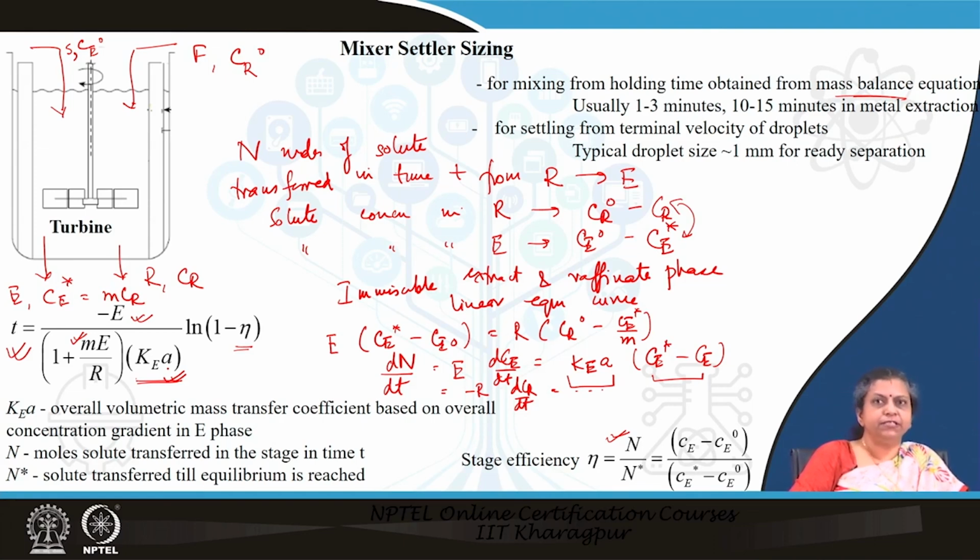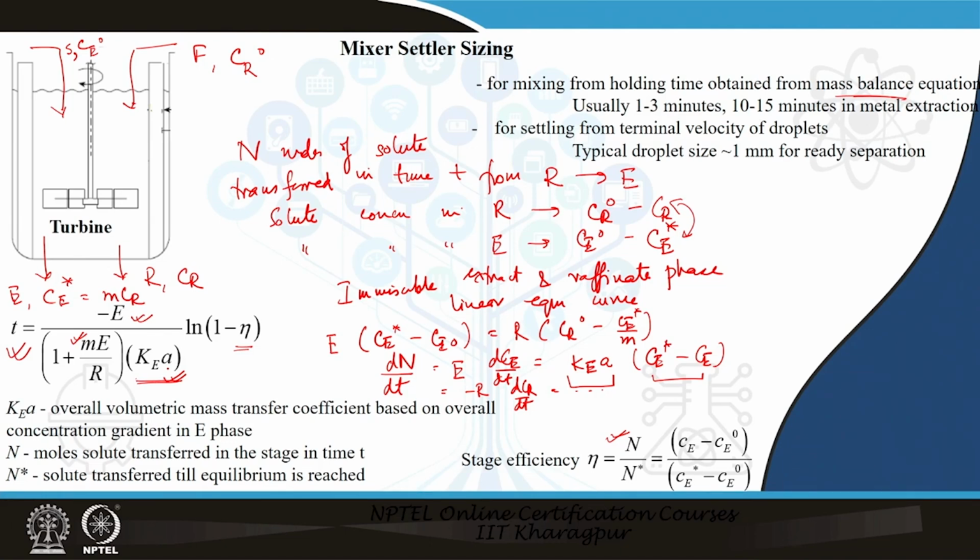Very frequently we generate data on mass transfer and interfacial area from the pilot plant, and then we use some empirical relationships for scaling up. The scaling up is usually done based on geometrical similarity. So, this is one thing that you need to remember whenever we are discussing any sort of extractor. It is very important that we discuss the scale up relationships as well.